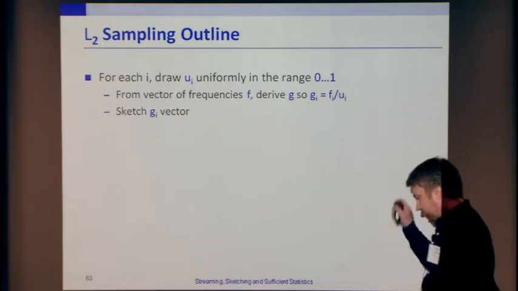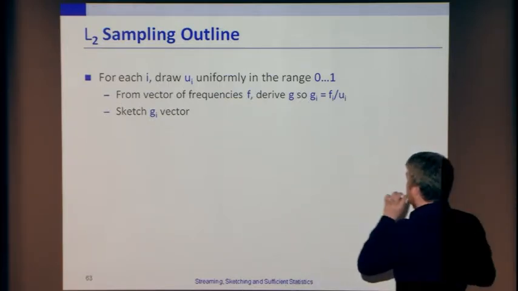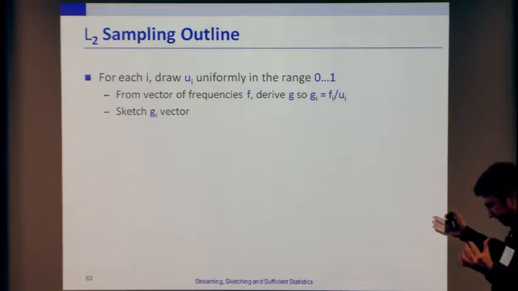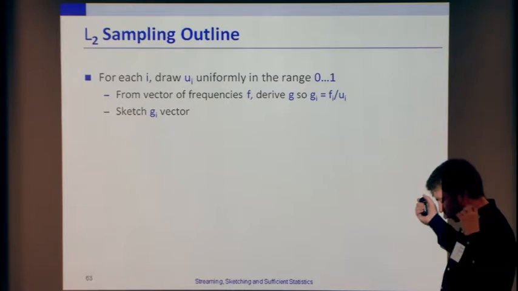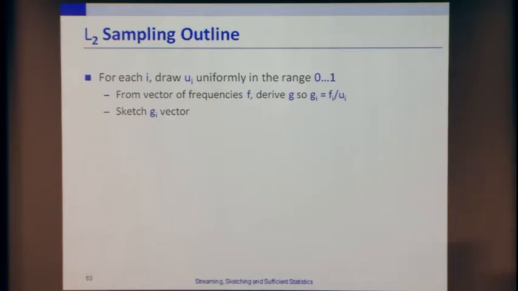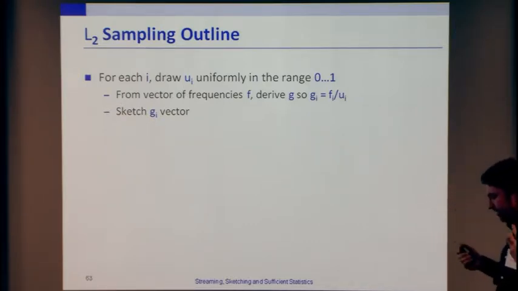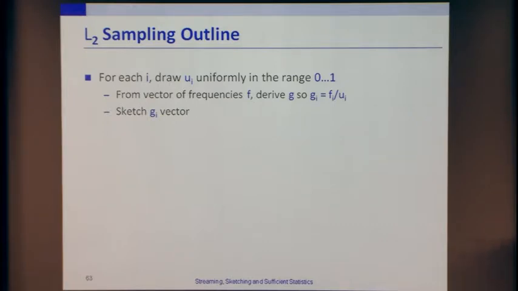So the main trick we need here is this reweighting trick. What we want is to sample from this frequency distribution proportional to the squared weights of the frequencies. What I have is sketches that let me recover information about squared weights of items, but I want to turn this into a sampling process.